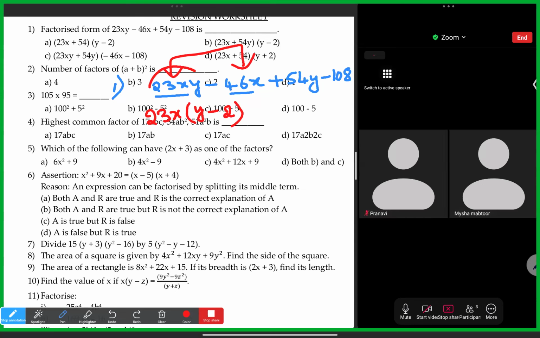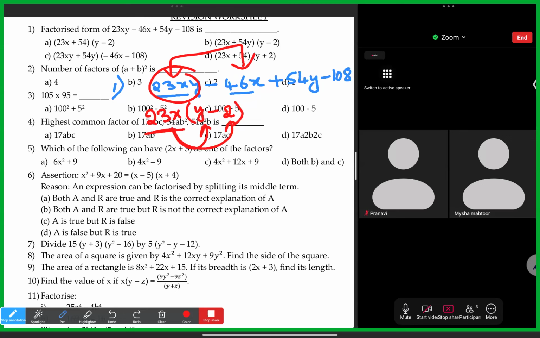Maisha, if you see 23xy and 46x, the maximum thing we can take common from both is 23x. When you take 23x common, in the first expression y will be left, in the second expression 2 will be left.